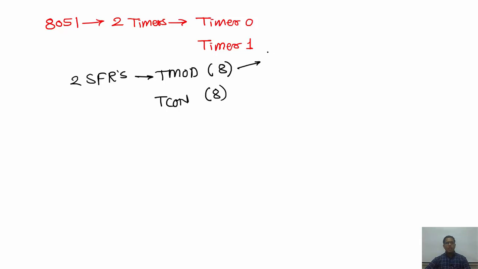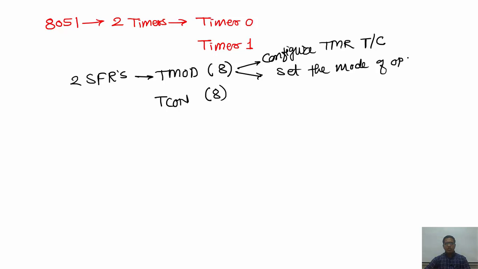The TMOD is mainly used to configure the timer block either as timer or counter, as well as to set the mode of operation, that is whether mode 0, mode 1, mode 2 or mode 3. Whereas the TCON register is used to turn the timer on or off.